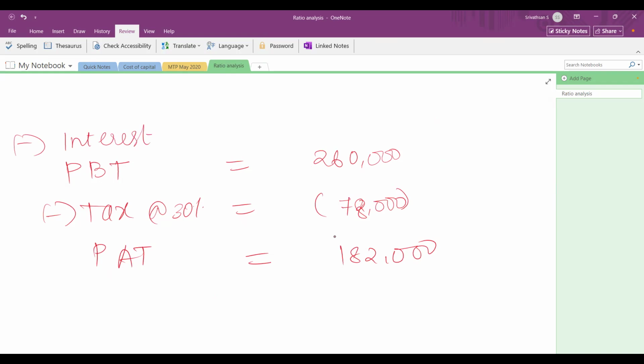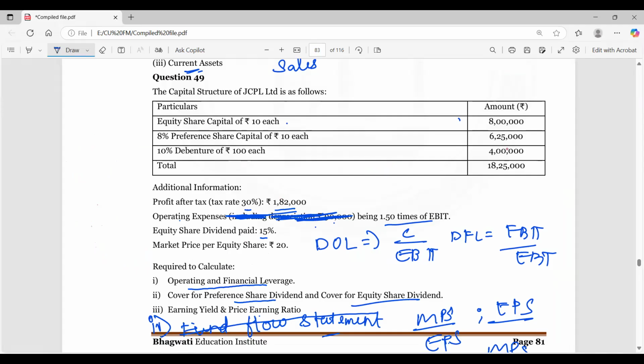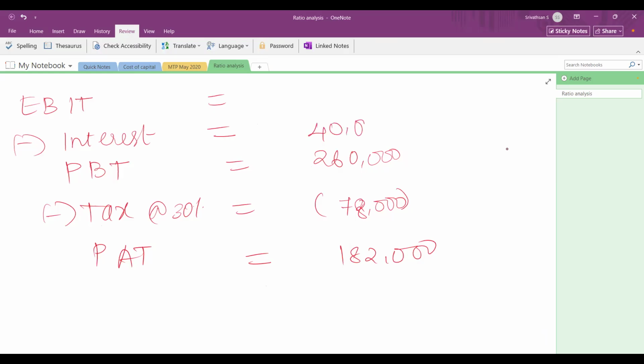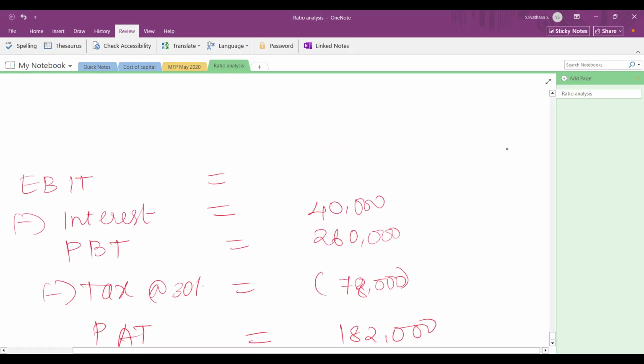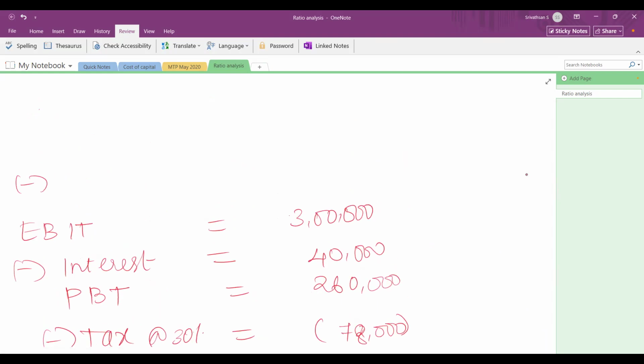Now EBIT minus interest gives us PBT. So what is the interest amount? 10% of 4 lakh, it is 40,000. This is EBIT, 3 lakh.